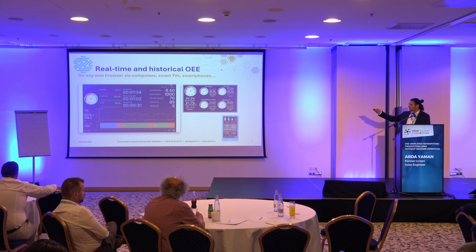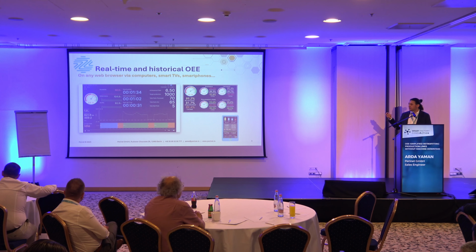In real time, you see how fast your machine is running or stopping or idle. You see a histogram. You see everything about your machine, which helps the operators, for example, to detect micro stops right away instead of waiting for it.